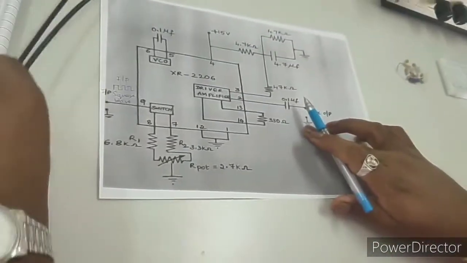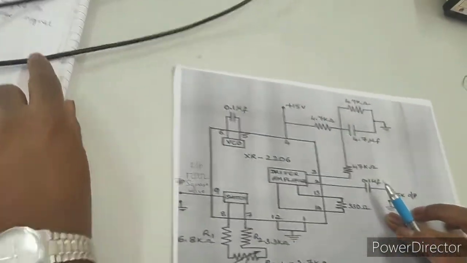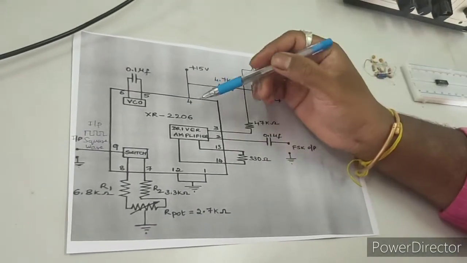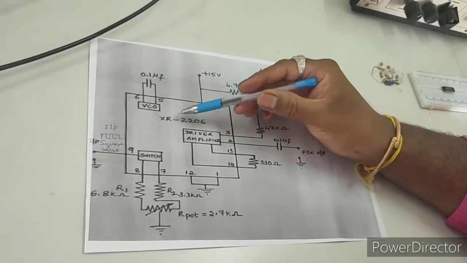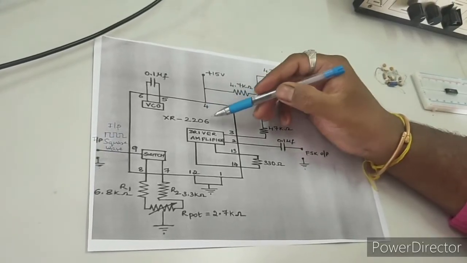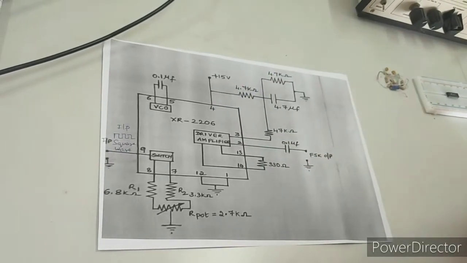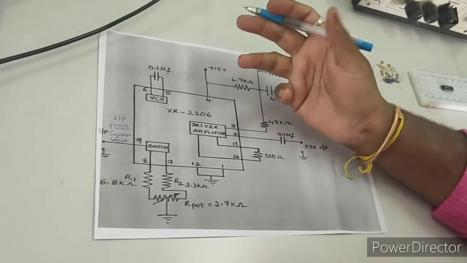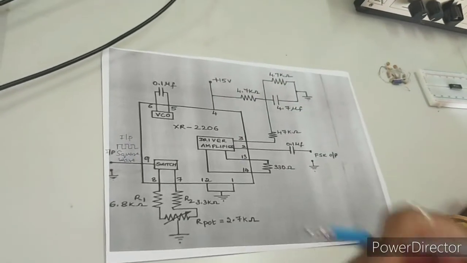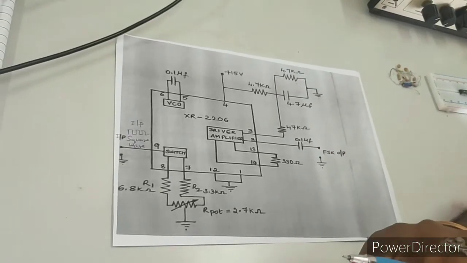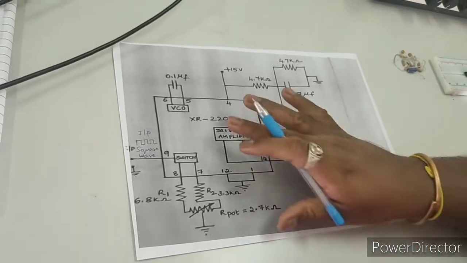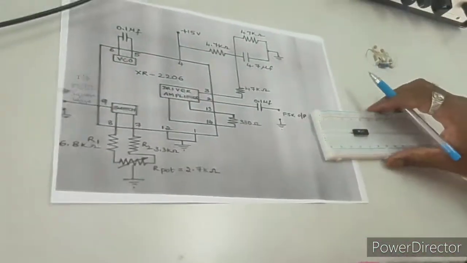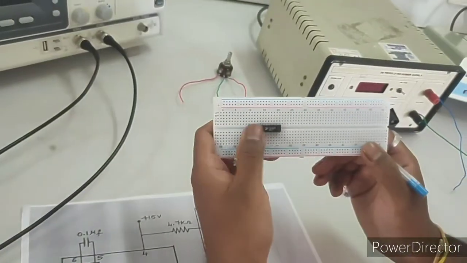Now coming to the circuit diagram, this is the circuit diagram. To conduct this experiment, the main IC I am using is the XR2206. It is itself a function generator IC. It can produce different waveform functions: sine, square, triangle. So I am directly going to show the connections.